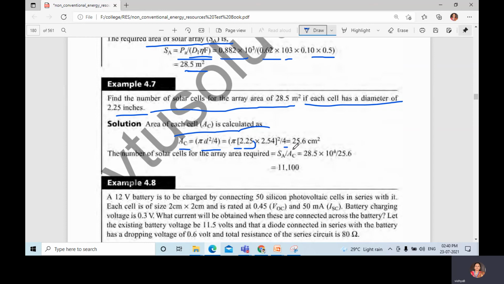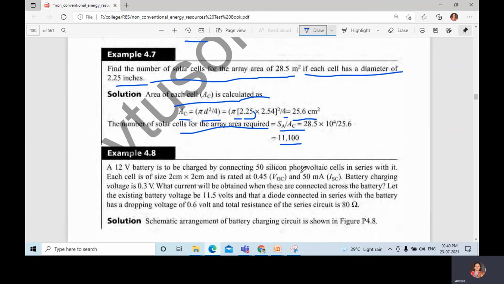You will get AC equal to 25.6 centimeter square. The number of solar cells for the area required is SA divided by AC, which you will get as 11,100.